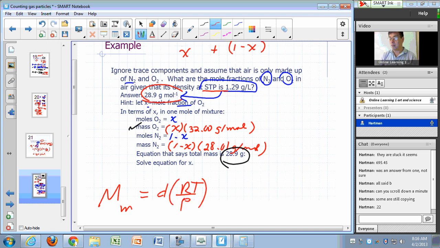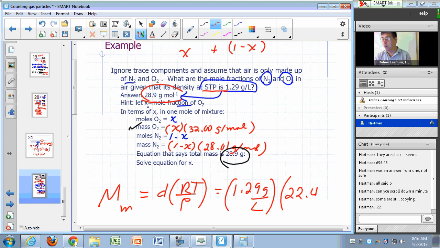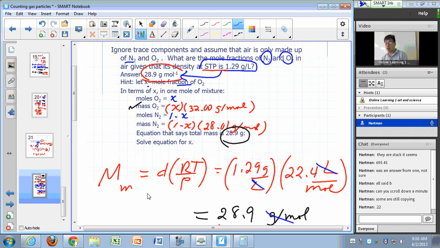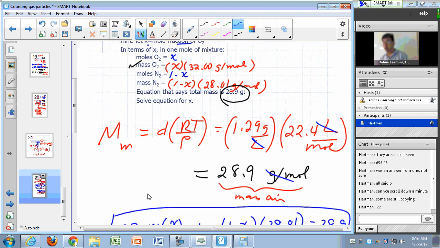The molar volume is RT over P. Our density is 1.29 grams per liter, and the molar volume at STP is 22.4 liters per mole. So in case you were wondering where that 28.9 came from, that's where it comes from. 1.29 times 22.4 liters per mole gives you 28.9 grams per mole.